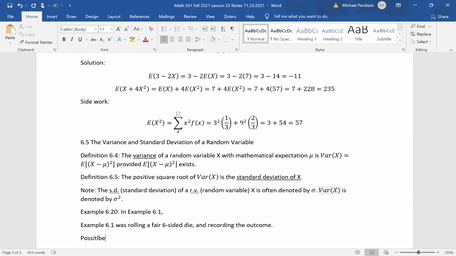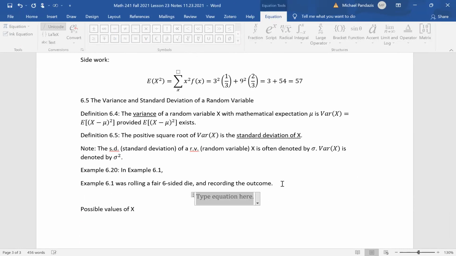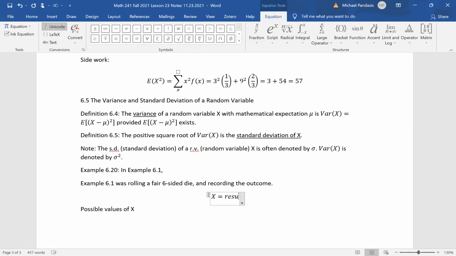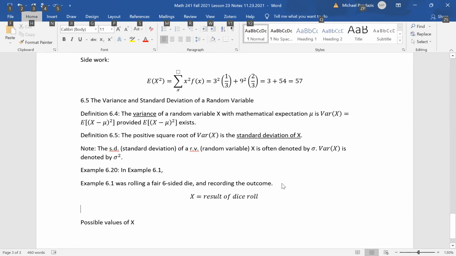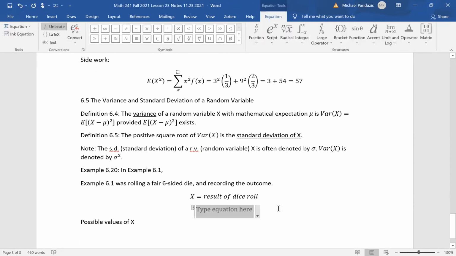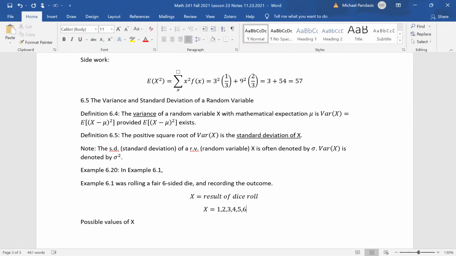So the possible values of X, where X is the result of the die roll, are X equal to 1, 2, 3, 4, 5, or 6.